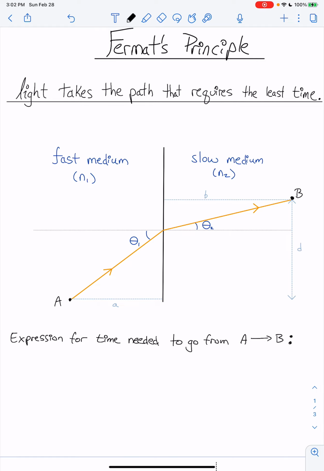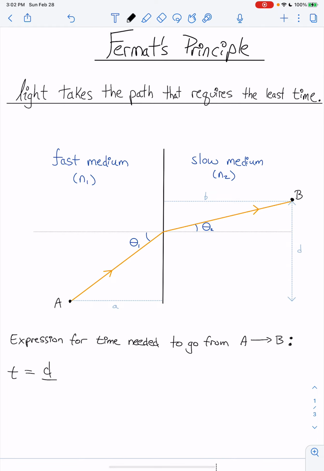Remember that time is equal to distance over velocity, or distance over speed, depending on what you need. In this case, let's break our distance up into two parts because we have two different velocities.